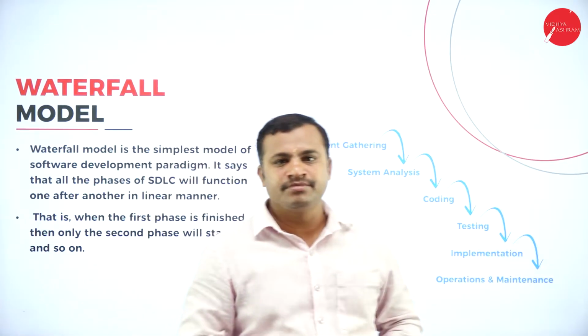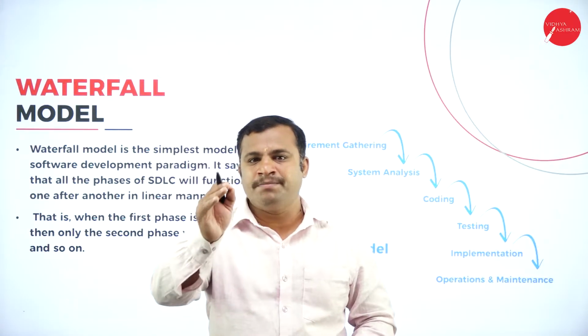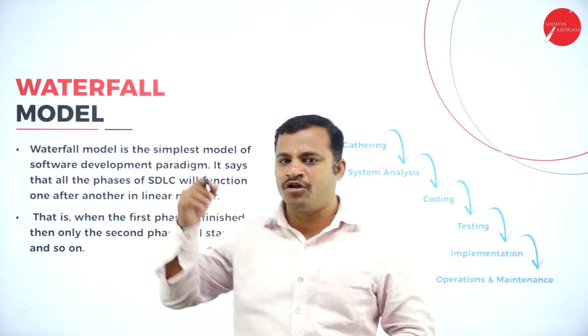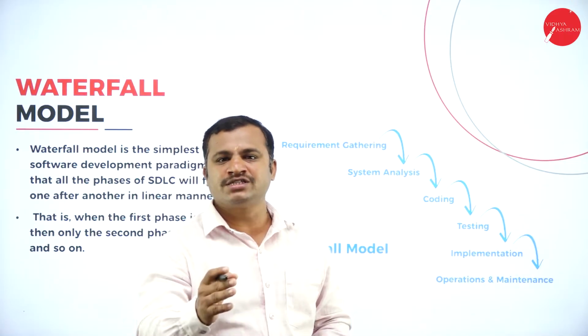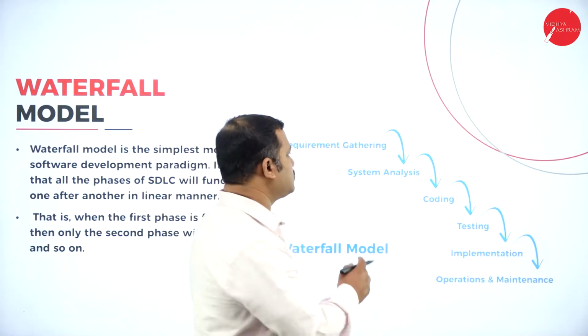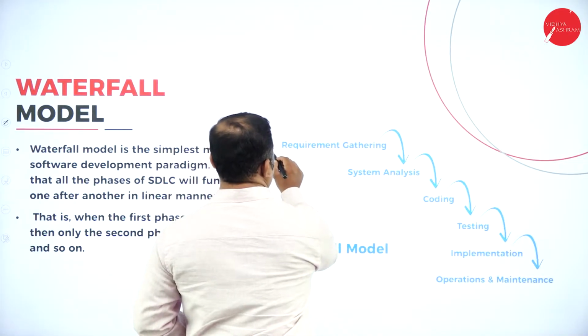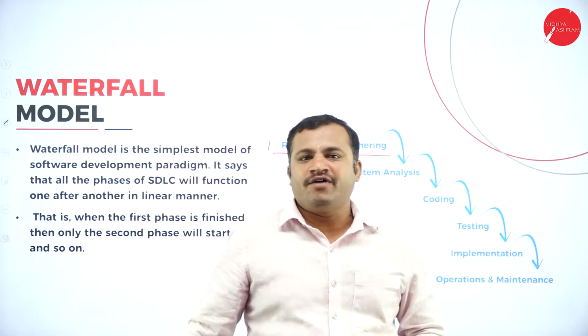Let me take you into the details of the pictorial representation of the waterfall model, wherein you will observe that the very first phase includes requirements gathering. What is the meaning of requirements gathering?